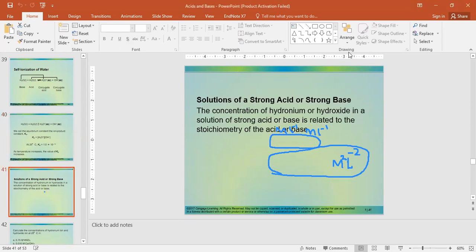Now, when we talk about the concentration of the hydronium ion and the concentration of the hydroxyl ion, it is those respective concentrations that determine whether a solution is basic, acidic, or neutral. And that's why we are saying that the concentration of hydronium or hydroxide in a solution of strong acid or base is related to the stoichiometry of that particular acid or the base.